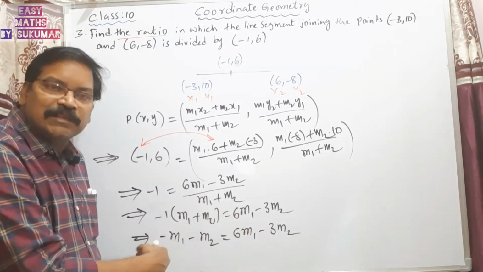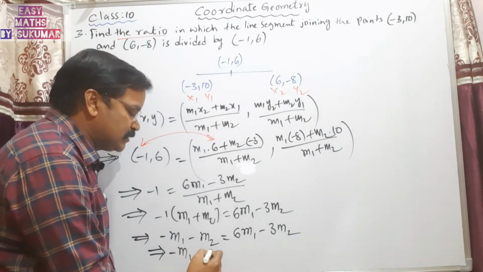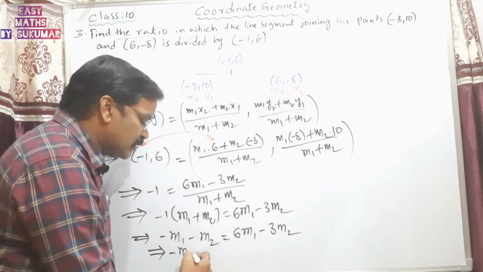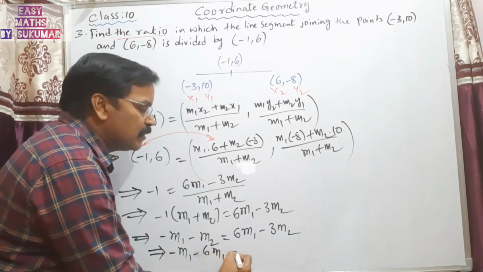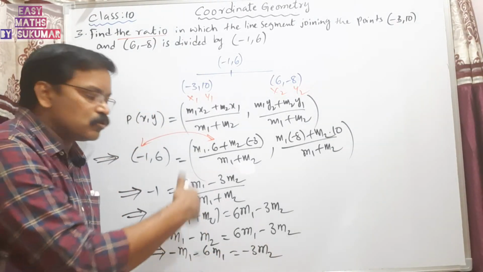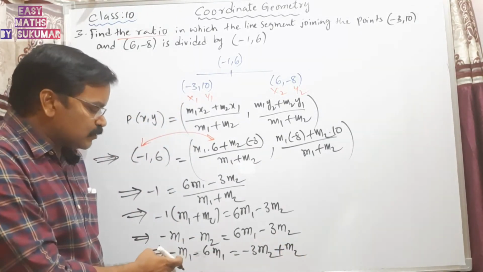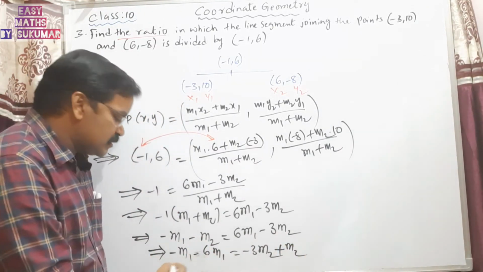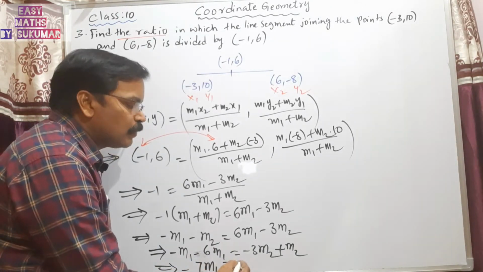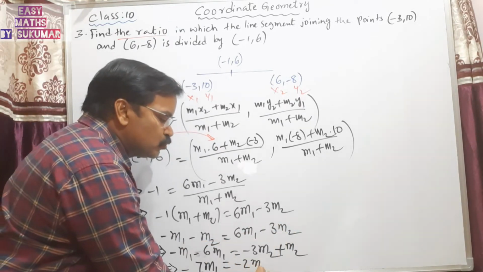By collecting the like terms to the left hand side, minus m1, plus, when this plus 6m1 comes to this side, it becomes minus 6m1, and this minus 3m2, when minus m2 goes to that side, plus m2. So what is minus m1 minus 6m1? That is minus 7m1 is equal to minus 3m2 plus m2, that is minus 2m2.